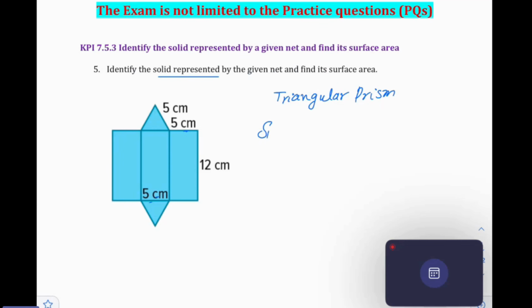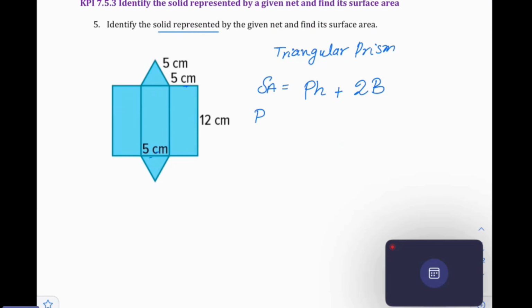This is one approach. The other approach is using the formula of the surface area of the prism. Surface area of the prism is Ph plus 2B. You should know what each parameter means. P is the perimeter of the base. Now, this is our base.